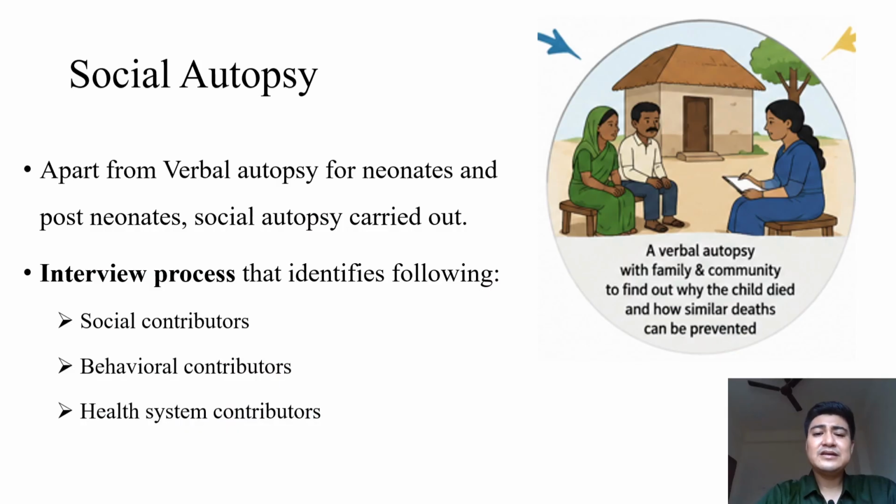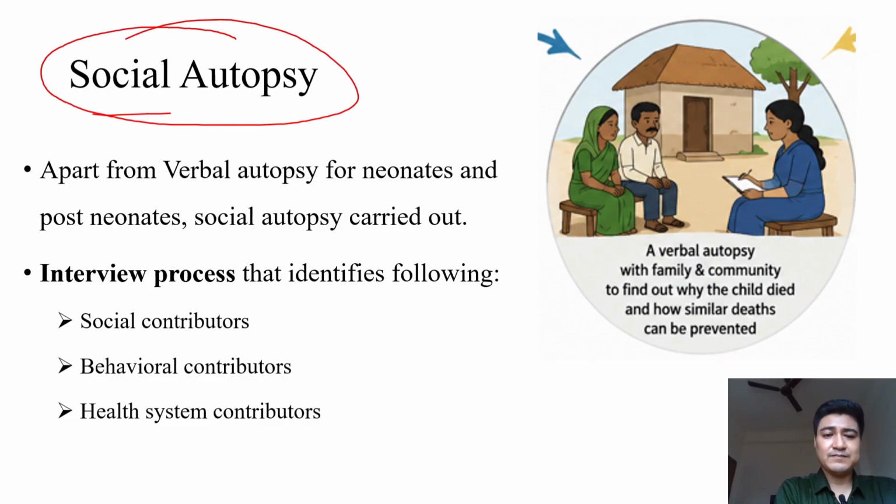Apart from the first brief investigation and the detailed investigation report, there is one more component in the child death review, which we do not see extensively in the maternal death review. In case of child death review, we also do a social autopsy.